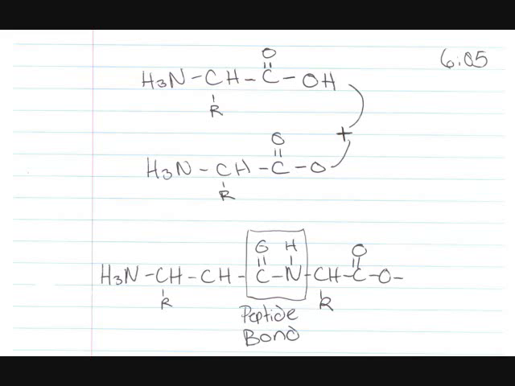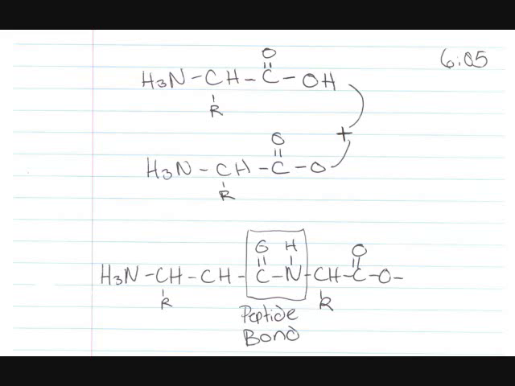So what do we have here? An amino acid. Okay. When we react two amino acids together, we get something that's called a peptide bond. Y'all should be familiar with those from DNA and RNA.